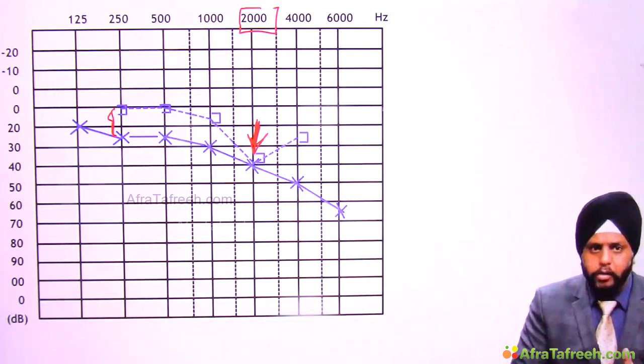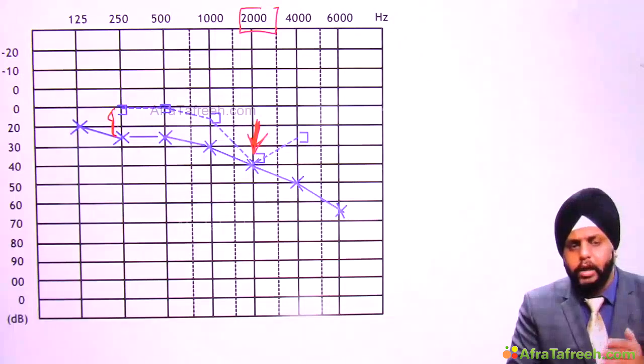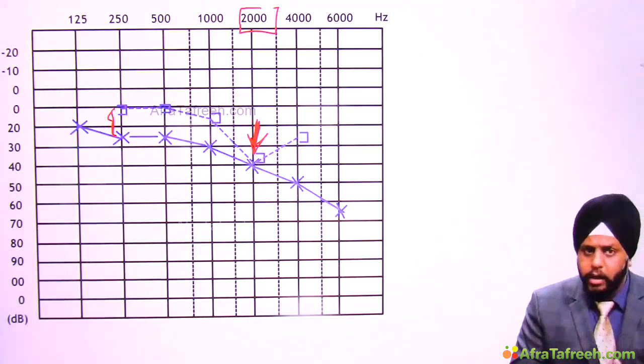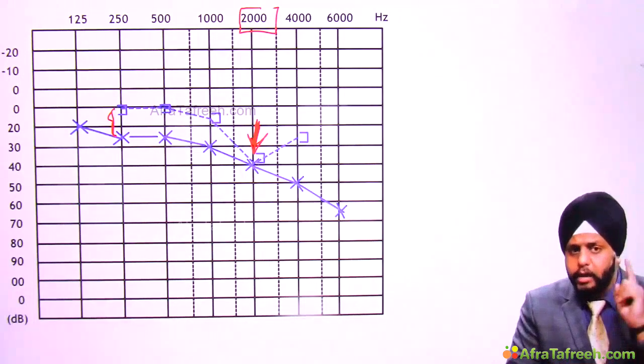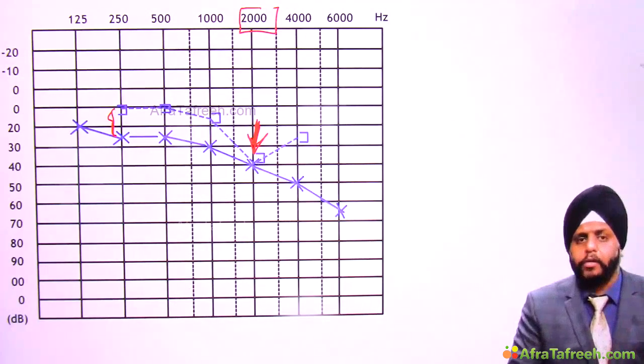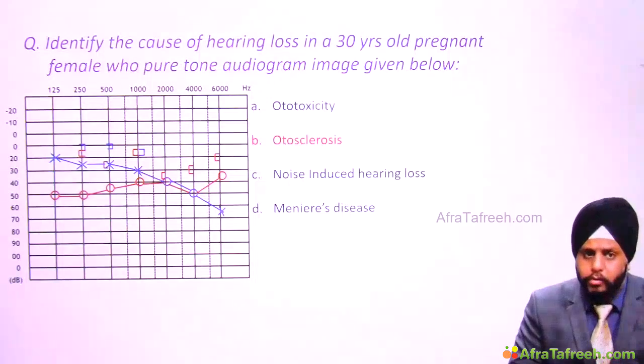You see 0 to 25, so only around 25 decibels loss is there. Not much conductive hearing loss, but there is a Carhart's notch on the left side also. So it shows it's a bilateral Carhart's notch. It is a case of otosclerosis. So the answer to this question was otosclerosis.